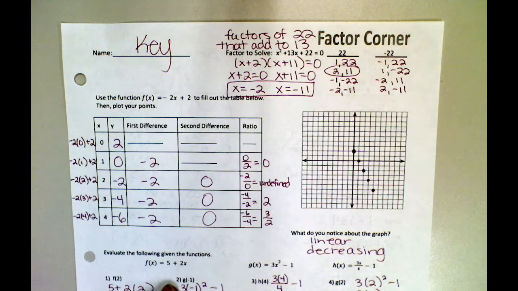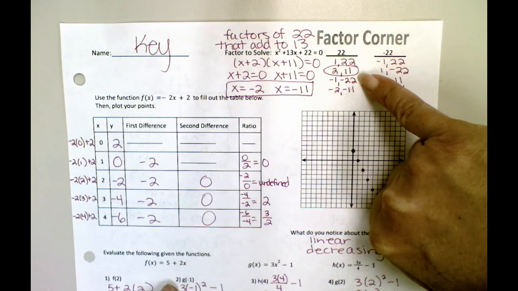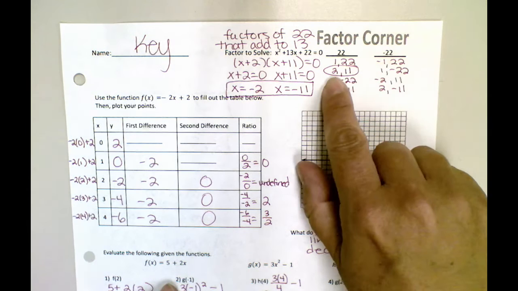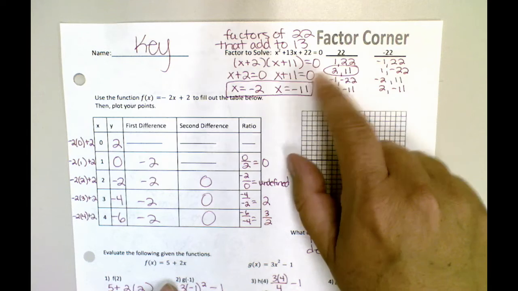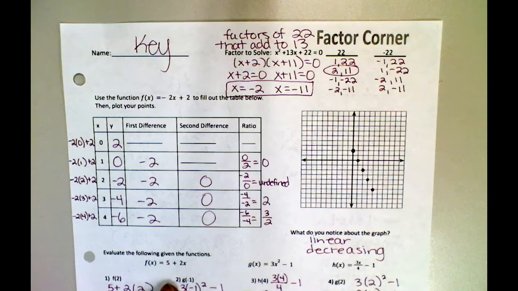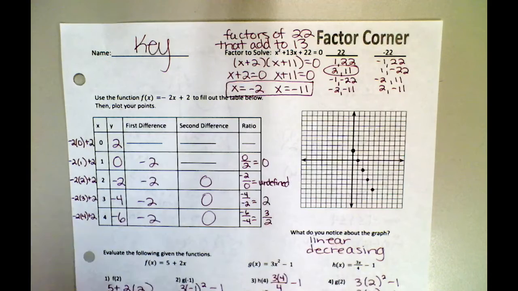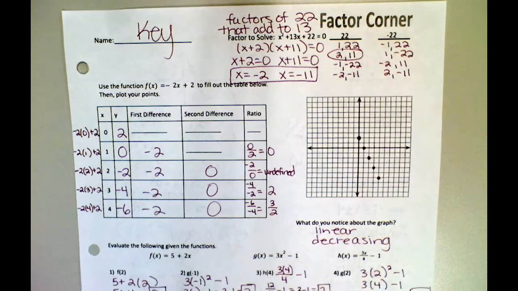So I circled the winning numbers. 2 and 11 are the factors of 22 that add to 13. So that means 2 and 11, both positive, are what go inside the parentheses. So then when I solve by setting each equal to 0, I get x equals negative 2 and x equals negative 11.